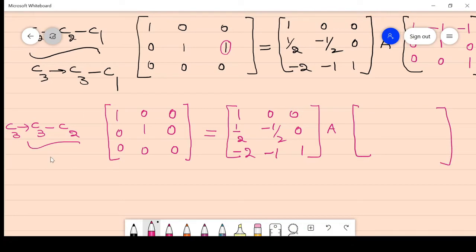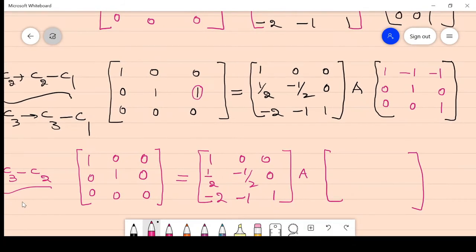So at the place of C3 minus C2, the first is the same 1 0 0, the second is the same minus 1, 1 and 0. Now C3 minus C2, so this will be 0, it will be minus 1 and this will be 1.